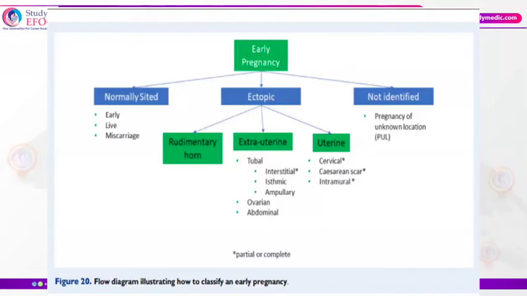If it is extrauterine, then it will be tubal, interstitial, isthmic, or ampullary region, ovarian or abdominal. The uterine ones are cervical ectopic pregnancy, cesarean scar ectopic, intramural, or the cornual horn of the uterus. And non-identified, as we all know, is pregnancy of unknown location. And we will talk about partial or complete molar pregnancy too.